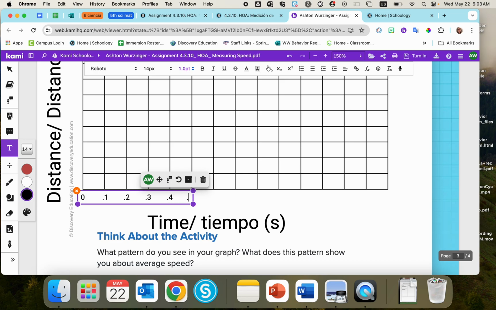So I'm going to do 0 in the corner, 0.1 on this line, 0.2 on this line, 0.3 on this line, 0.4, 0.5, and continuing on until I have put my scale on this graph.